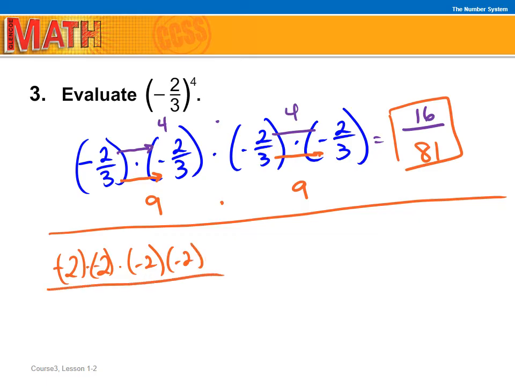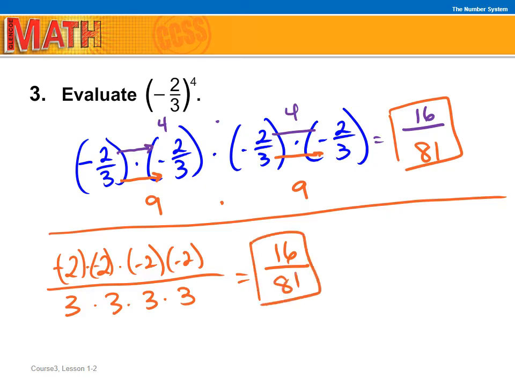So the negative 2 is factored 4 times, and 3 is also factored 4 times. So multiplication: 2 times 2, 4, 4 times 2, 8, 8 times 2, 16. 3 times 3, 9, times 3, 27, times 3, 81. Either way is okay to do.